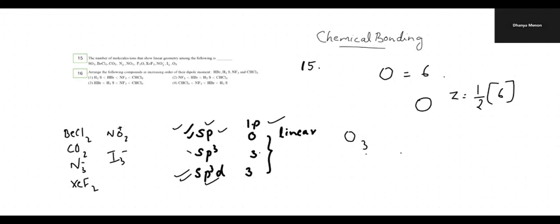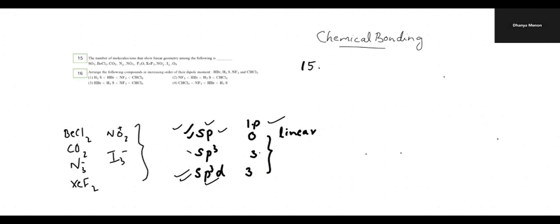So Z is equal to 3, so sp2 hybridization. There are 2 surrounding atoms, 2 bond pairs plus lone pair. Lone pair is equal to 1. There is nothing that corresponds to this here. So ozone doesn't have a linear shape. Okay, so these are the set of molecules that have a linear shape. I hope I'm clear. These conditions you have to remember.